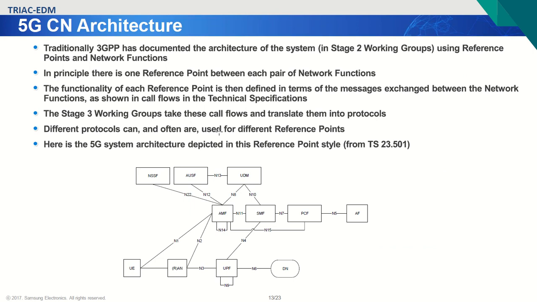Okay, so this is CN architectures. Traditionally, 3GPP has documented the architecture of the system using reference point and network functions. But nowadays, people still look at 3GPP, but 3GPP is moving very fast. It requires huge investments from the providers.